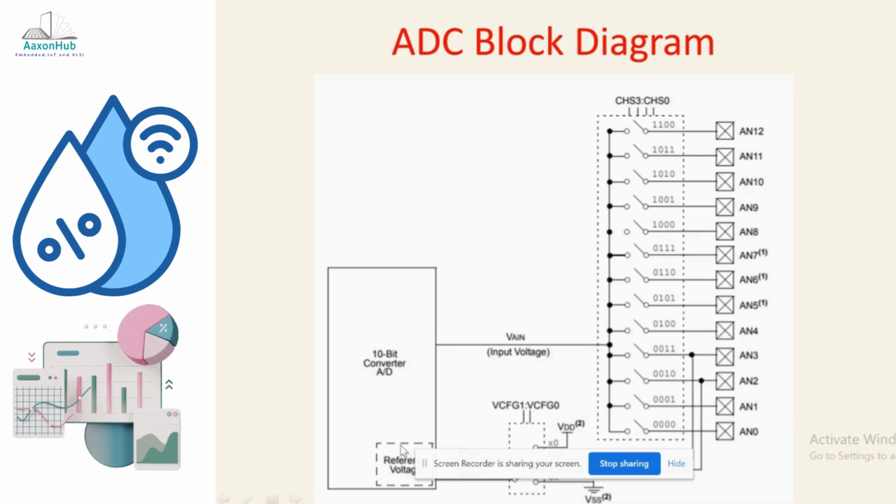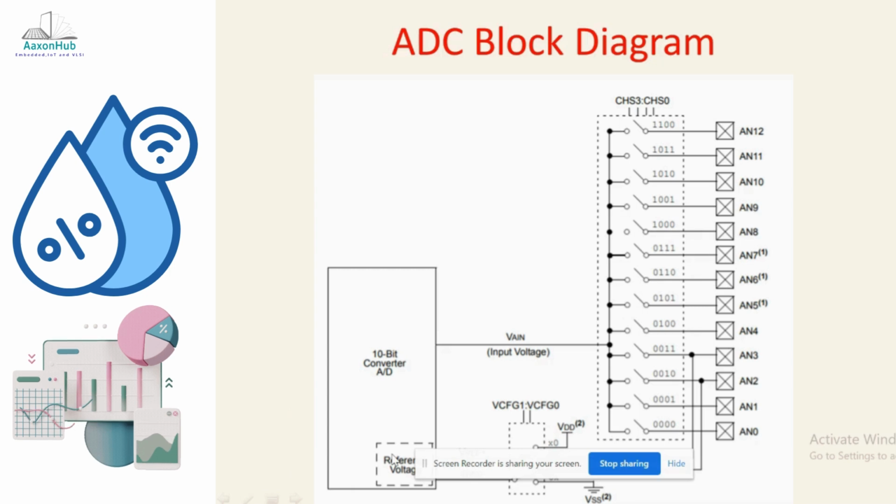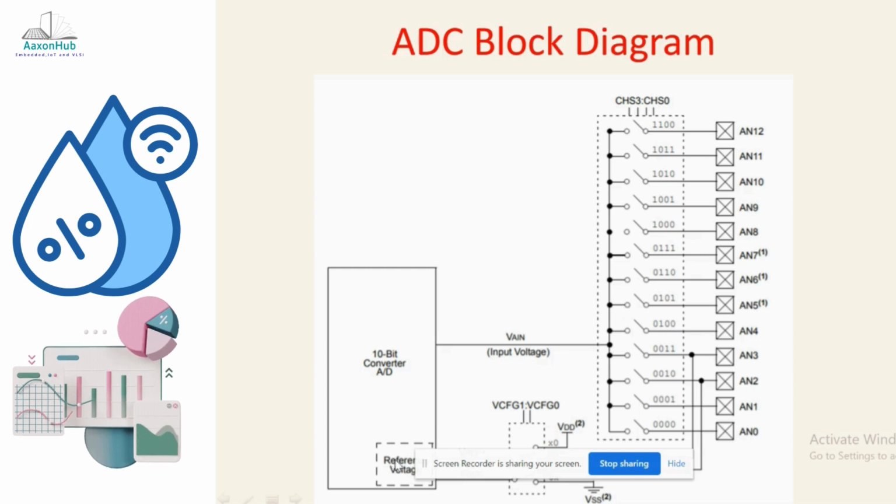As this ADC is a SAR, successive approximation ADC, there is a reference threshold voltage. Whenever sensor data is coming from one of the channels, that will be considered as your V in, and it will be compared with your V reference voltage. For V reference there are two options: either you can select V reference plus and minus, or VDD and VSS.